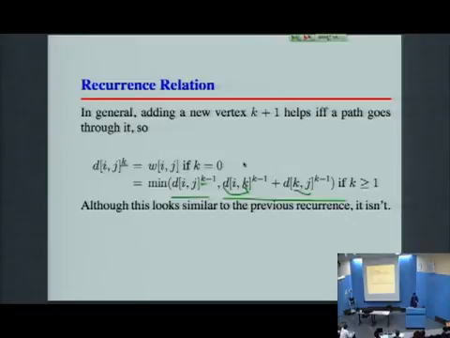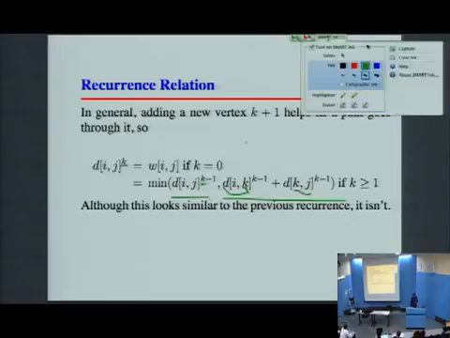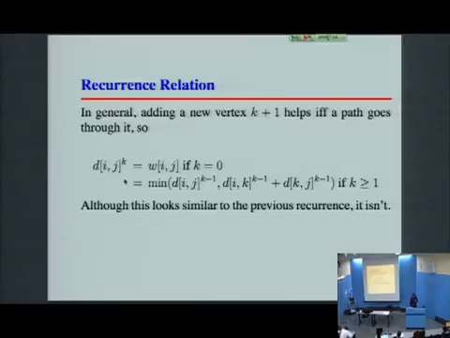And what's cool is, if I do this right, I know what the value of this is for k equals 0. You told me that for k equals 0, it was going to just be the adjacency matrix, the weights of the edges. I can then use it to compute for d superscript 1, given the values for d superscript 0. Once I have d superscript 1, I can compute d superscript 2, then d superscript 3. In general, there are n cubed possible values here.